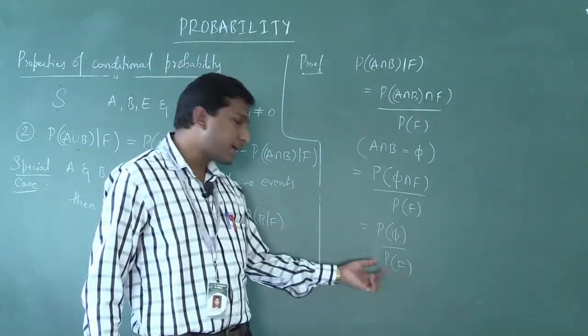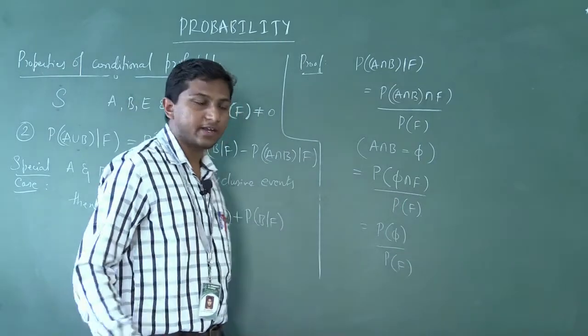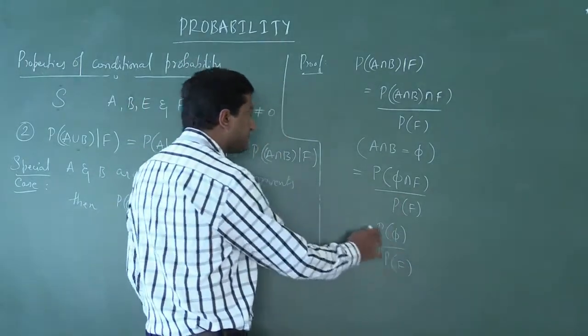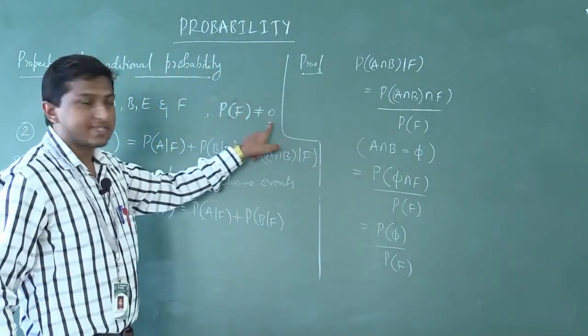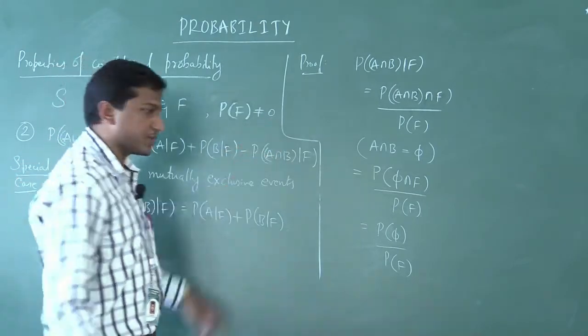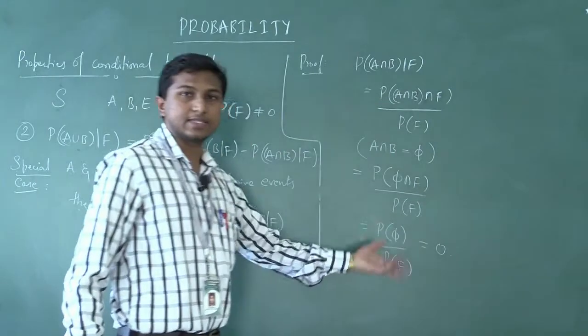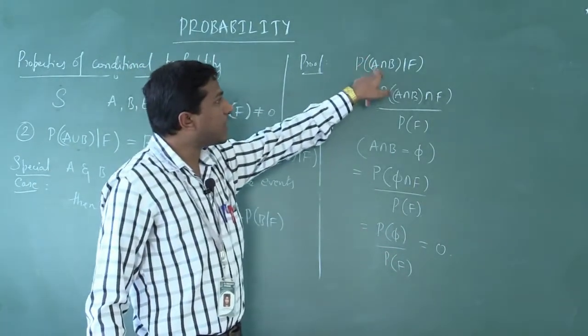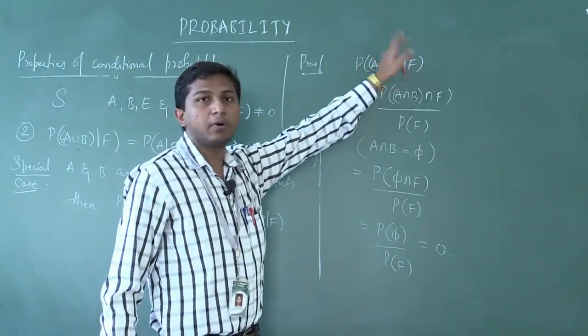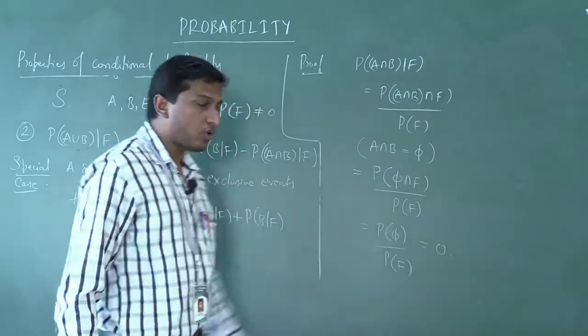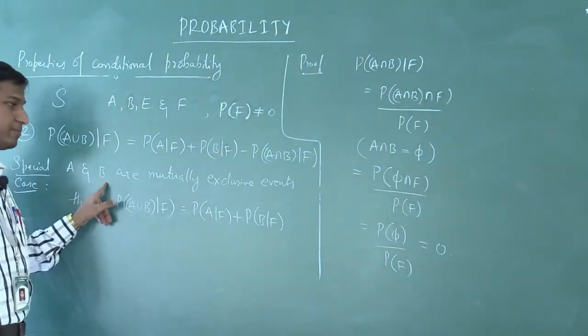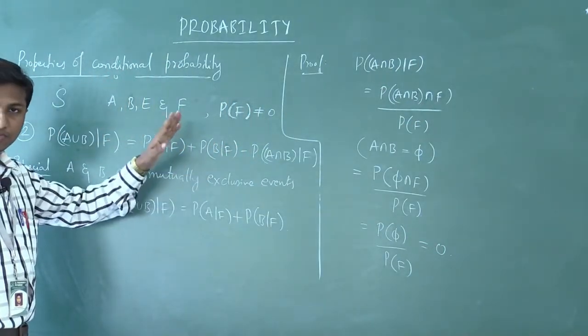But we all know that the probability of the empty set is 0. Since P of F, we already said, is not equal to 0, the value of this expression is 0. So P of A intersection B bar F is 0 whenever A and B are mutually exclusive events.